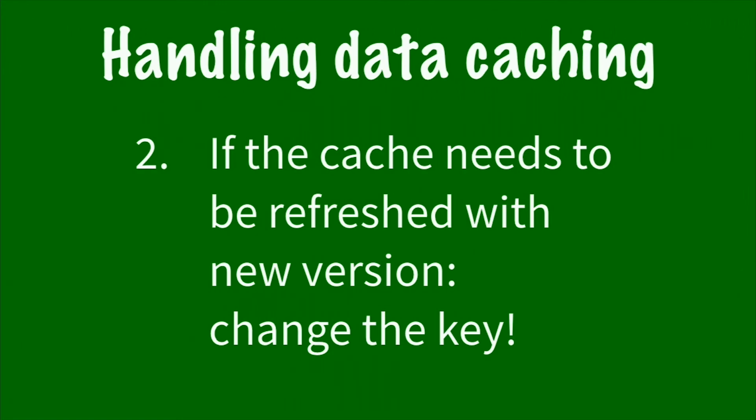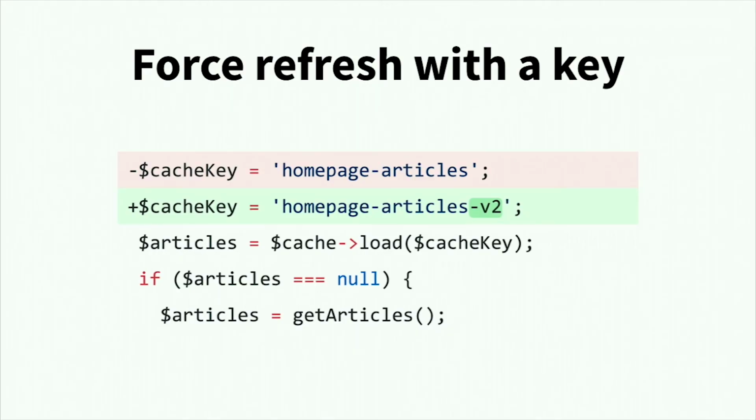So if, for example, your HTML template changes and you need to refresh the cache with the new version, you can actually change the key of the cache. You can append v2, v3, v4, and this forces the cache to be reloaded when the new version is deployed, because the new cache key is empty and the fresh data are loaded.